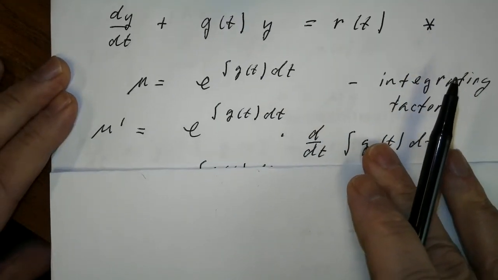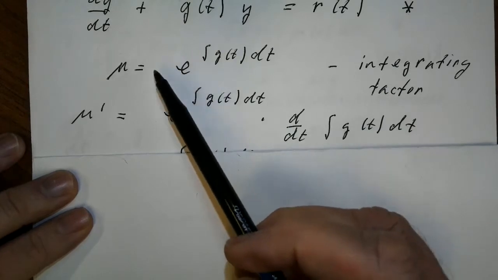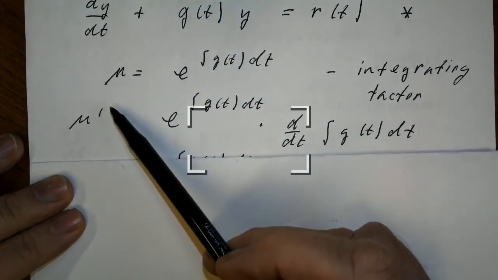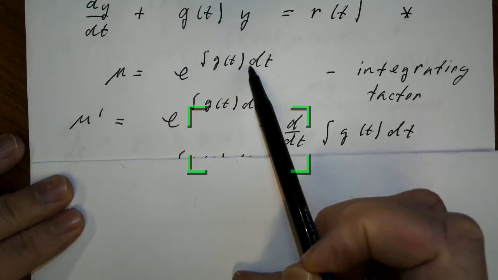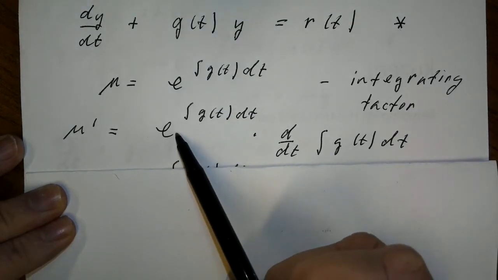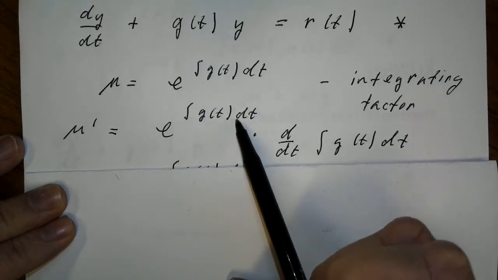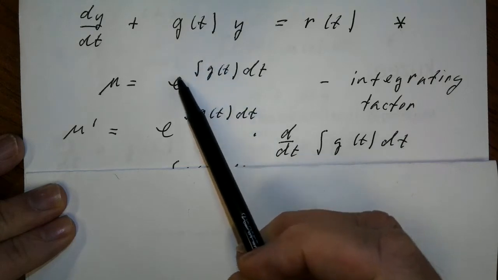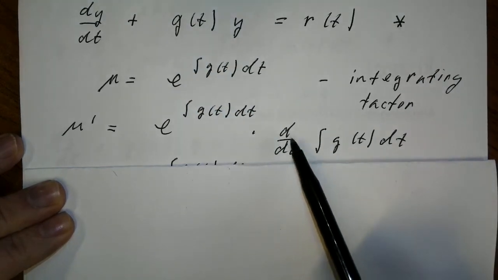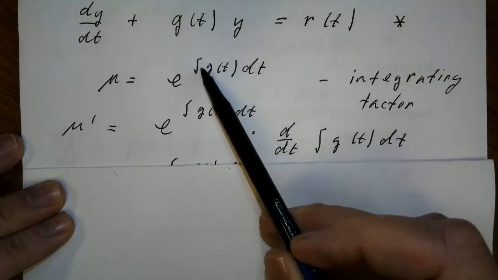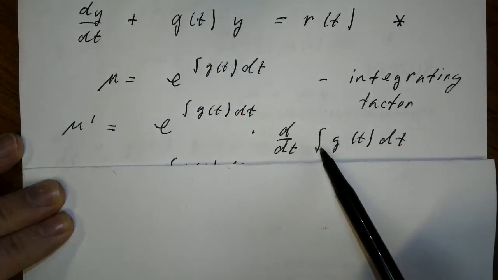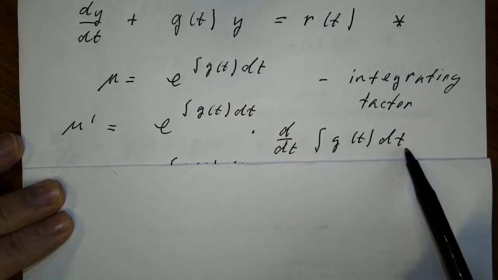Now, we'll calculate some integrating factors in a couple minutes, but the integrating factor has a nice property. Let's say we take the derivative of this. By the chain rule, it would be e to the integral of g of t. We'd have all of this left alone, and then we'd multiply that by the derivative of what's up here, the derivative of the integral of g of t dt.